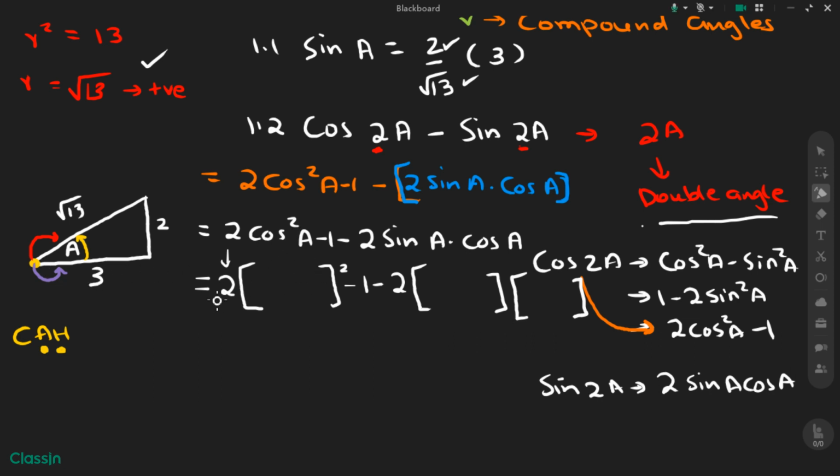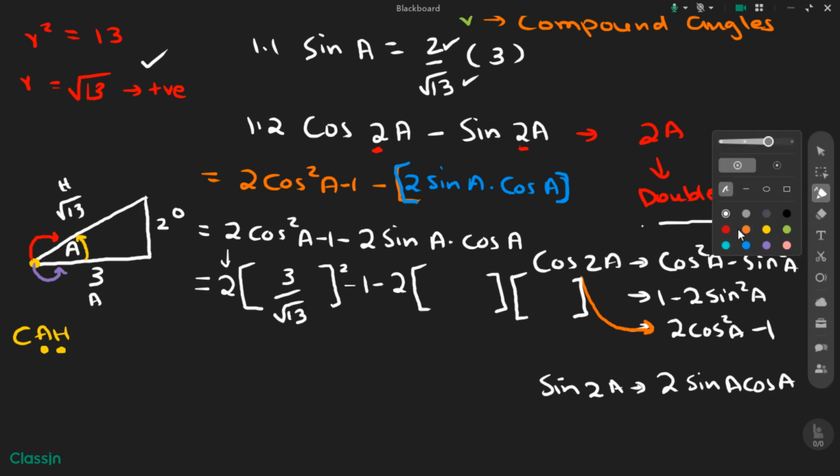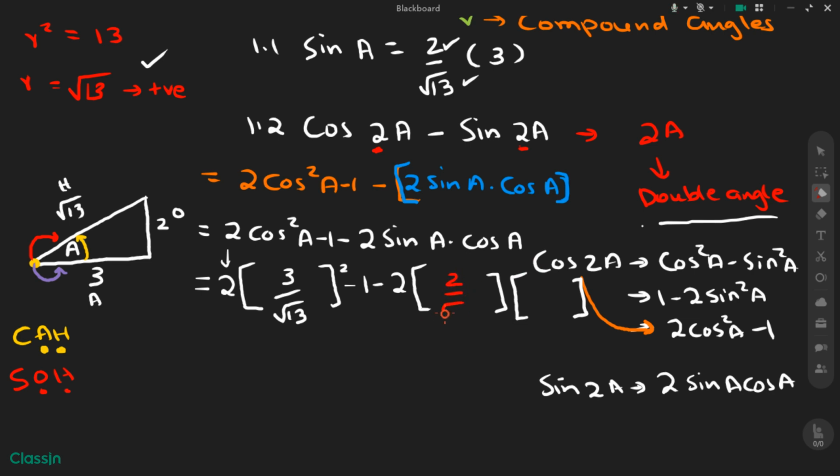Cos a is adjacent over hypotenuse, so 3 over root of 13. That is my cos. Then from there, minus 1, minus 2 into what is my sine? Sine is opposite over hypotenuse. My opposite is 2, my hypotenuse is root of 13.